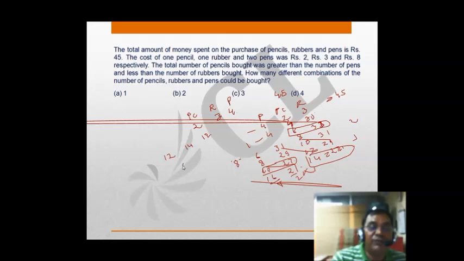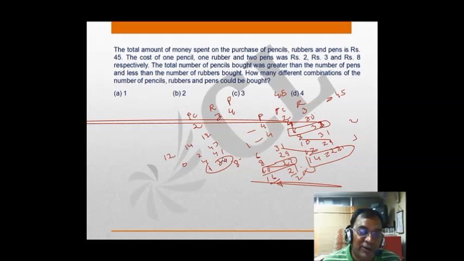If 0 is allowed, 0, 24, 3, 4, 41, 6, 39. Now this is a doubt, whether the answer will be 3 or 4, because I am taking a case of 0 also. I can commit a mistake, but still I am going to go for answer number 4.